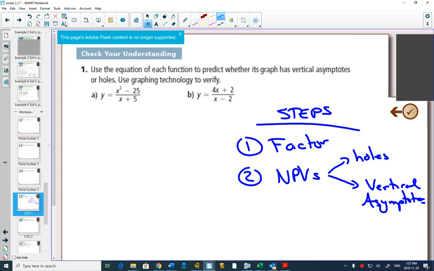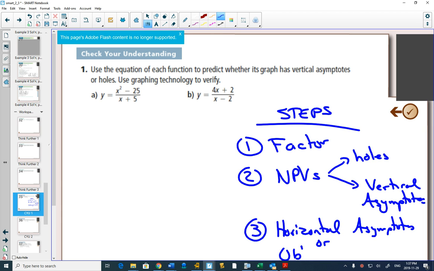Step 3, which we're going to learn in characteristic number 2, you're going to do all of your horizontal asymptotes or oblique asymptotes. You're going to find out, are there horizontal asymptotes?